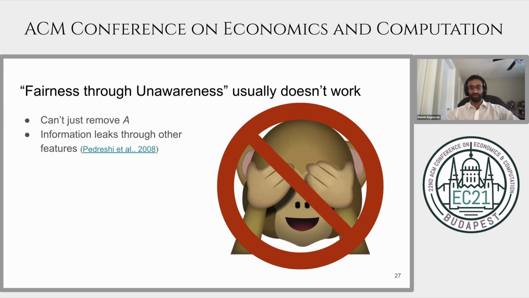So the most naive solution to this problem of discrimination might just be, well, let's remove all sensitive attributes from our data. If we don't know about them, we can't discriminate. And of course, this won't work. There's always going to be proxies in your data, and information about sensitive attributes will leak one way or another. So simply closing our eyes isn't going to do it.